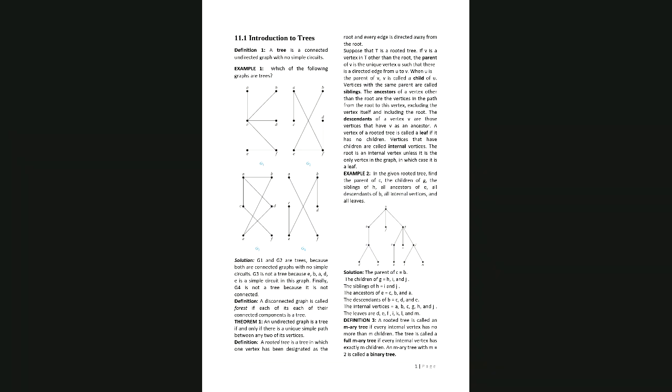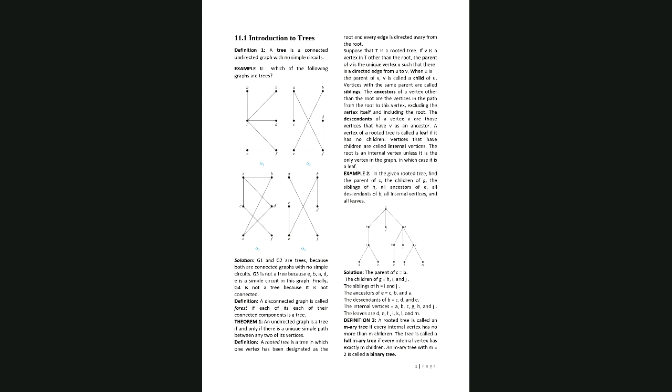Okay. Undirected means there is no arrow on edges, no directed edges. Okay. No simple circuit means there is no circuit in the graph. If a graph satisfies these three properties, then this graph is called a tree.